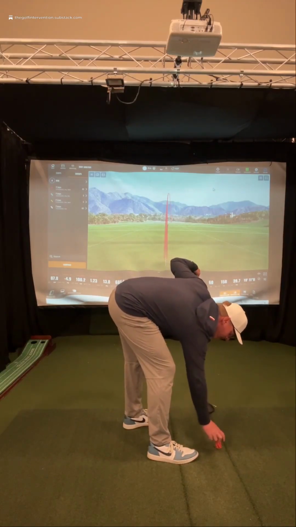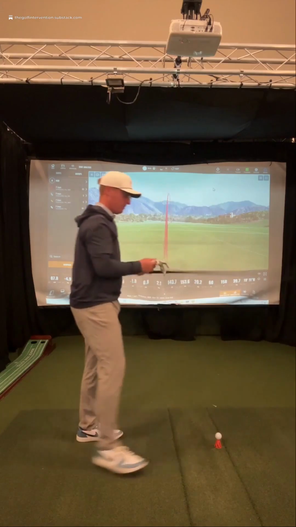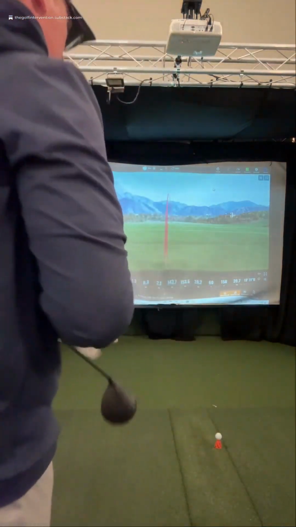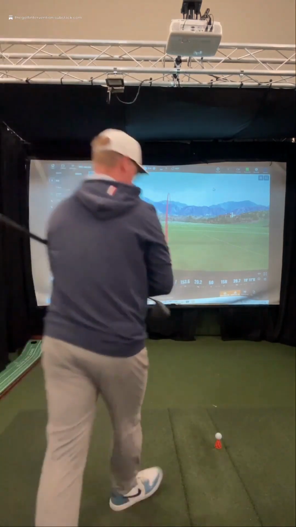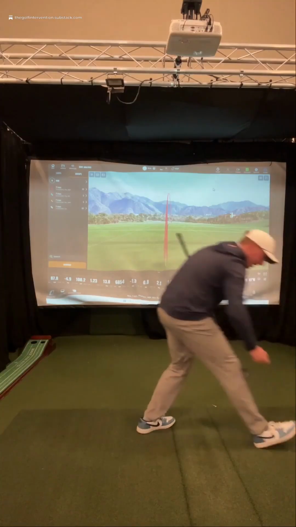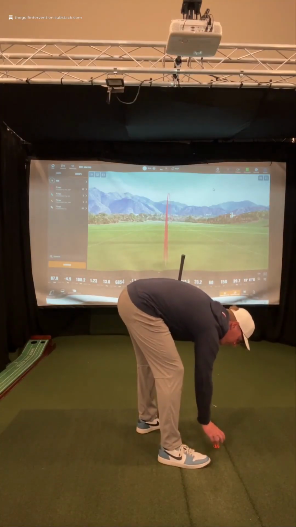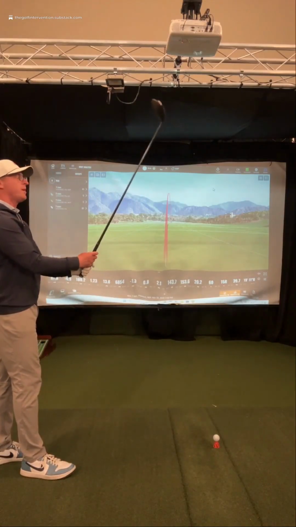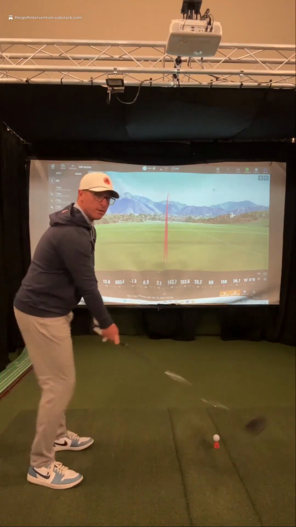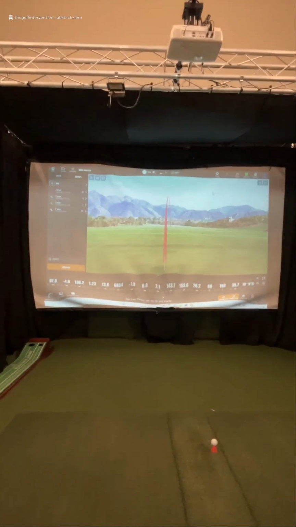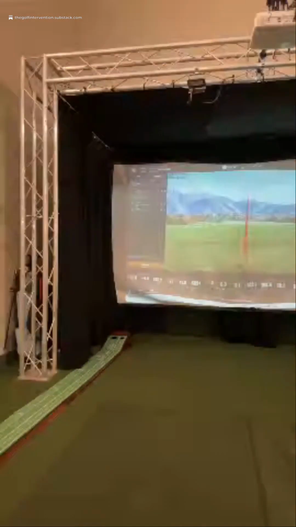So we'll see. I'd expect club speed to be probably in the 105 to 106 range right now. I can get it up to the 109, 110, 111 range, but we're not going to go crazy hard at this one. I'm going to have to move this over a little bit. There we go. So you can kind of see.